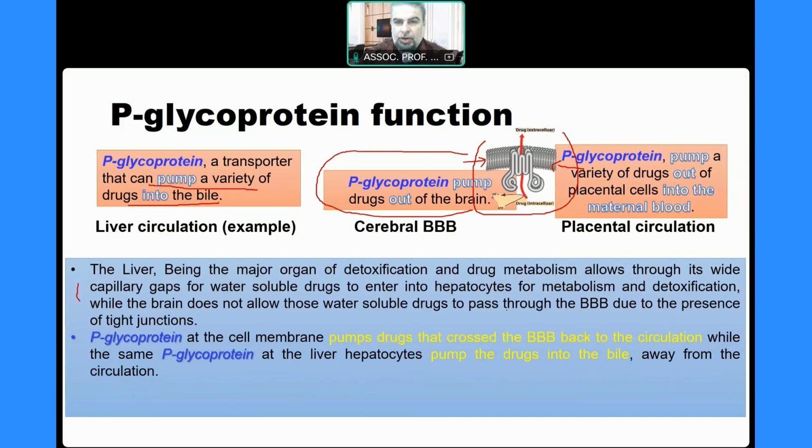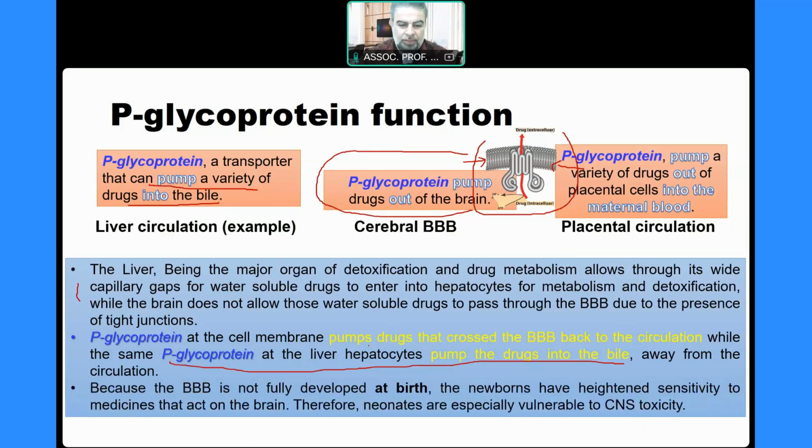Whatever drug passes through a carrier-mediated mechanism, or even the lipid-soluble drugs, can be pumped out again as a protective mechanism for the brain. While at the hepatocytes, the same P-glycoprotein has a different function, which is to pump the drug into the bile away from the circulation. And of course, at birth, neonates are considered more vulnerable to CNS toxicity because the blood-brain barrier is not fully developed.